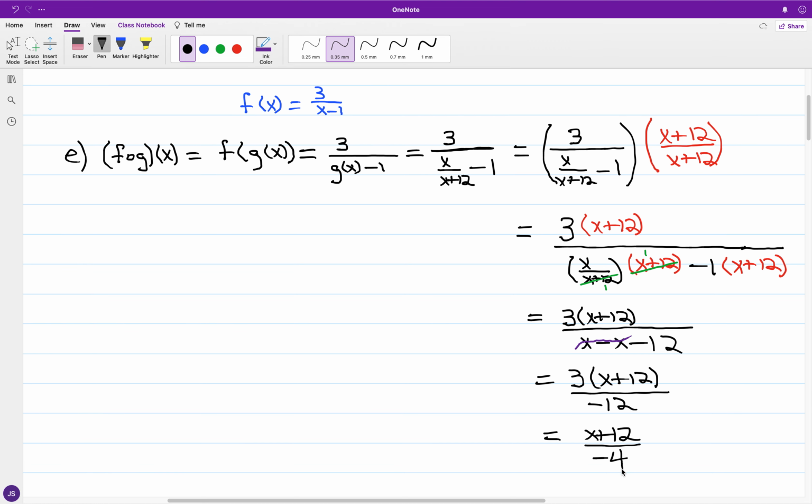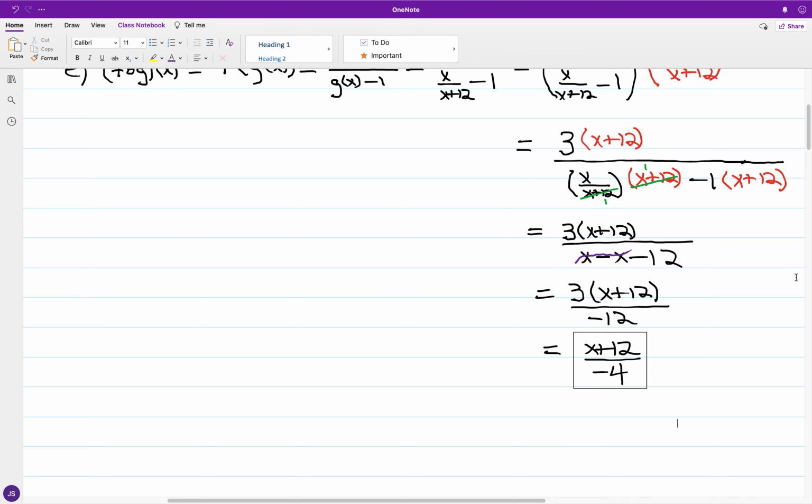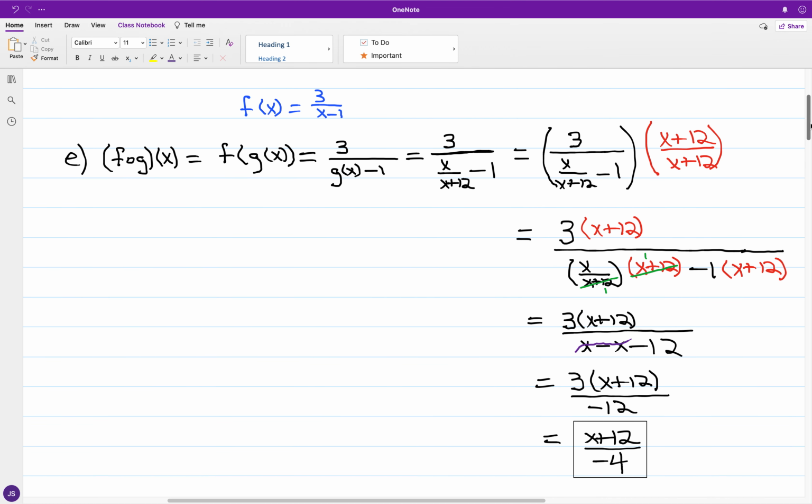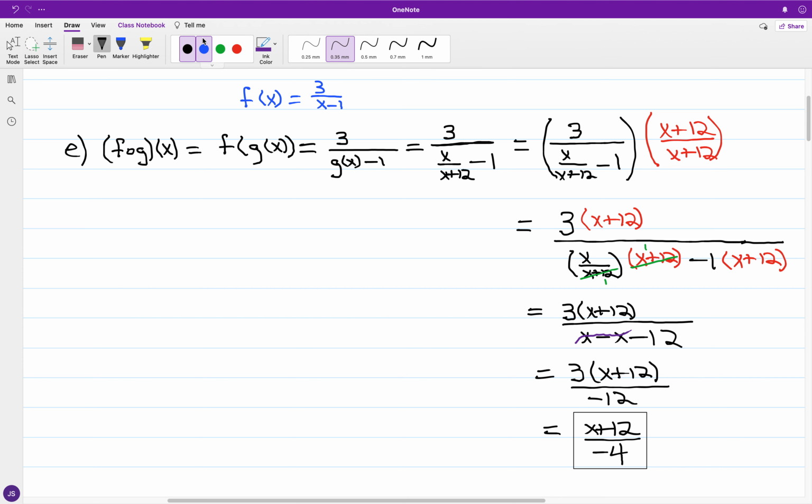over negative 4. Okay. And now, in looking at the domain for what we have here, again you have two primary characteristics about the composition of functions to focus upon in order to find out the domain.